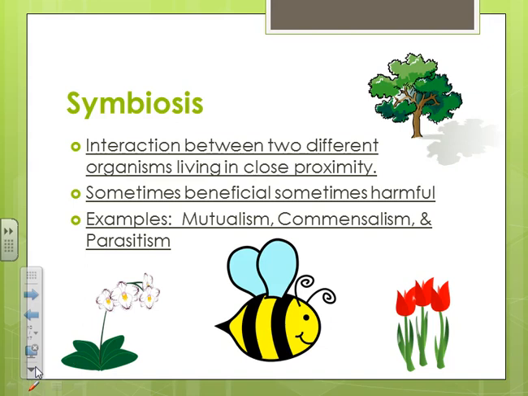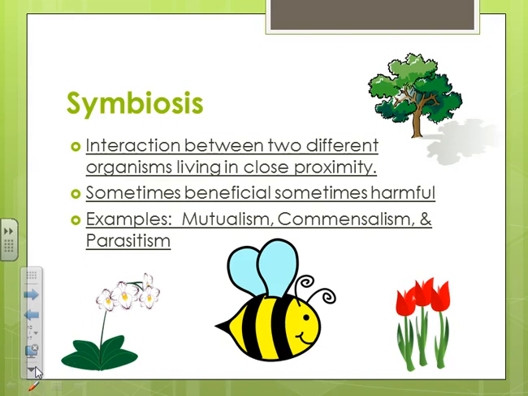So let's look at the word mutualism. What does that word sound like? What does that word include? The word mutual. Okay, so what can you infer about mutualism? Think about it. Okay, that both of them maybe benefit mutually.